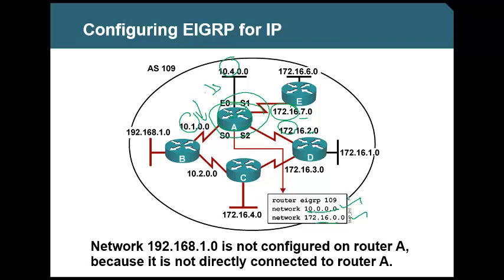This 172.16 will run on serial 1 and serial 2. What we should not do is say network 192, because network 192 is nowhere in any of this router's interfaces. 192 belongs to router B. You can put it there, but not in router A, because 192 is not in router A.